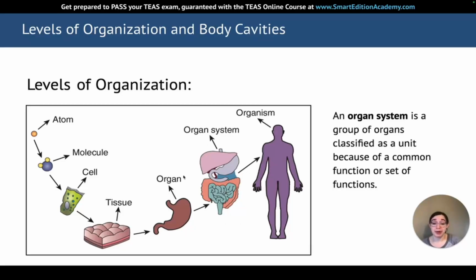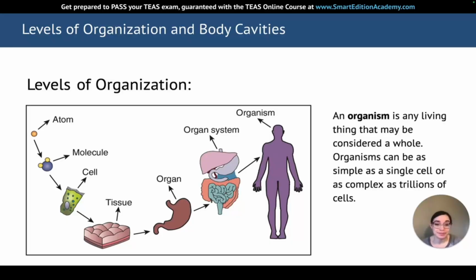So in our diagram here, we have the digestive system pictured with all of the various digestive organs. So they each play a role in allowing our body to digest the food that we consume. So they work together to accomplish that function. And finally, the last level of structural organization is the organism level.